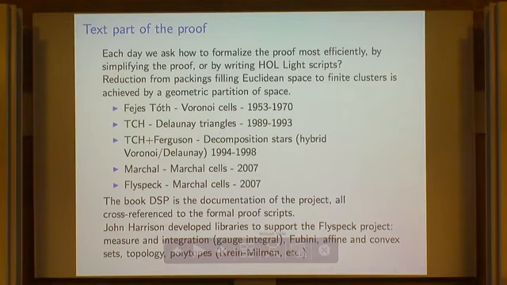Roughly speaking, different decompositions of space lead to different ways of bounding the density of sphere packings. I won't go through all of these different decompositions, but you have a bunch of sphere centers.